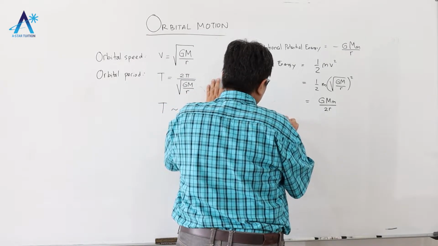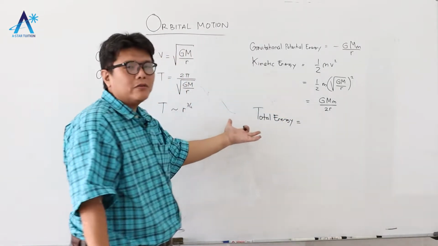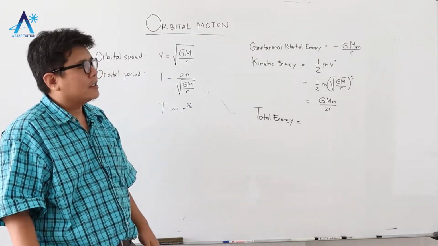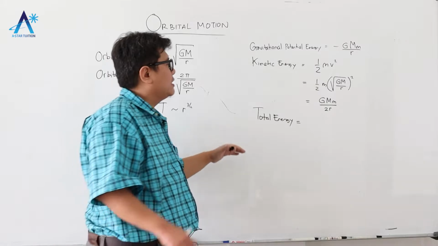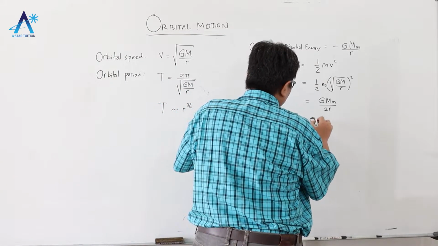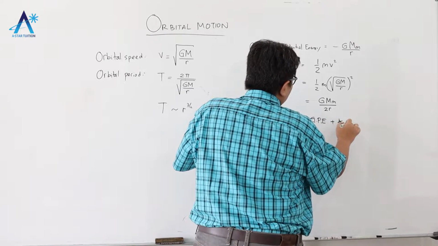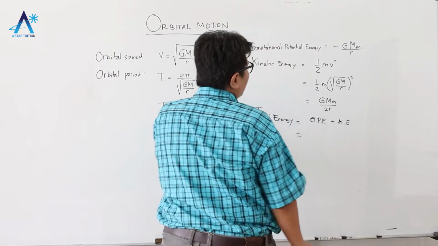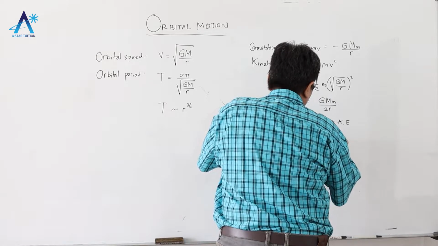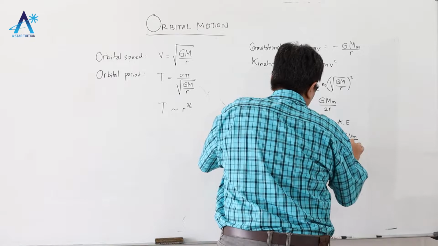The total energy, in this case the total mechanical energy. I don't really have to write down the word mechanical in this context, because if it's not ambiguous, you can just write total energy. It's equal to the gravitational potential energy plus the kinetic energy. So this is going to give you minus GMm over r plus GMm over 2r.